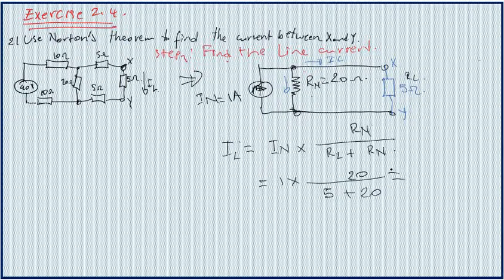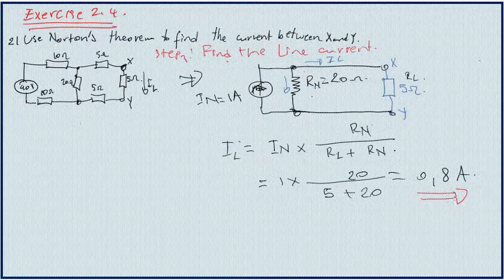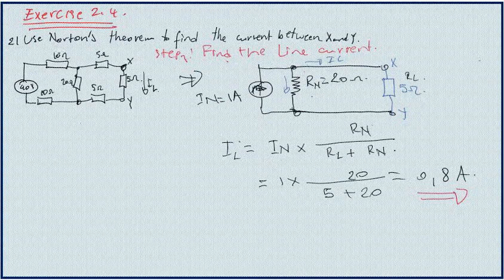If I compute this, I get 20 divided by 5 plus 20, which gives 0.8 amp. That is the value of the current between X and Y. Okay, that's it.